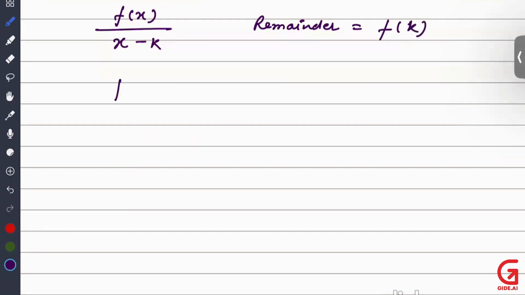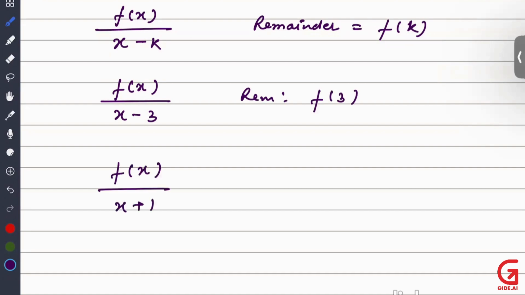For example, if I divide f(x) by x minus 3, the remainder is f3. If I divide f of x by x plus 1, your remainder would be f of minus 1. Here, what you do? You put x minus k equal to 0, so you get x equals k and you find f(k).